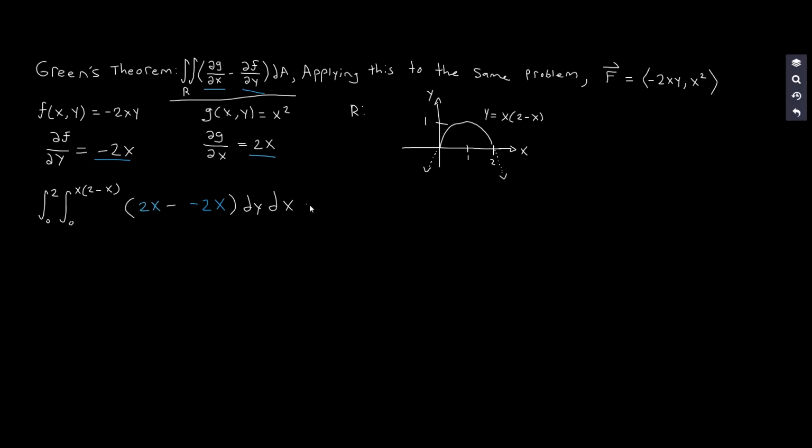Okay, we could do some simplification then. This is going to become a big plus sign, so this is going to be 4x. And honestly, I'm not going to put that there.